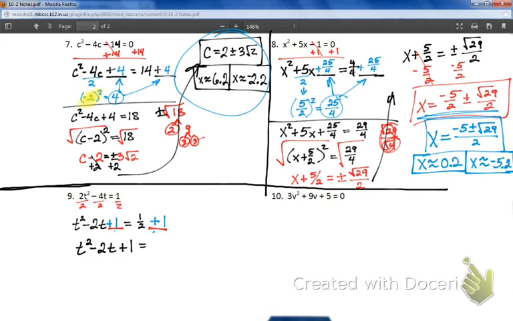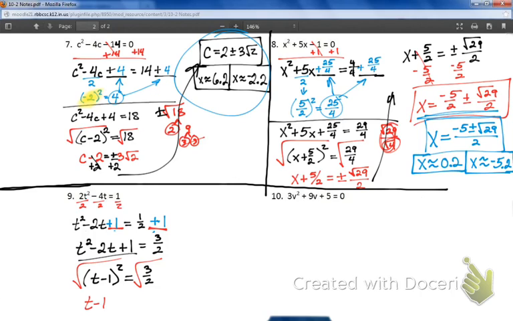Now again, I'm going to write my 1/2 as 3/2 as an improper fraction because it's going to be easier to deal with at the end. Again, this trinomial turns into t minus 1 squared equals 3/2, and I am going to square root both sides.